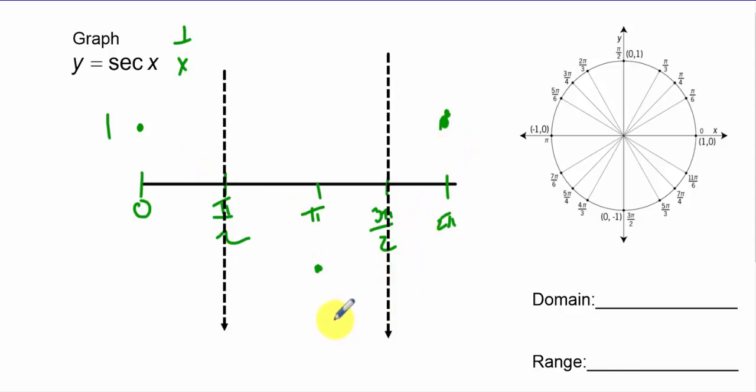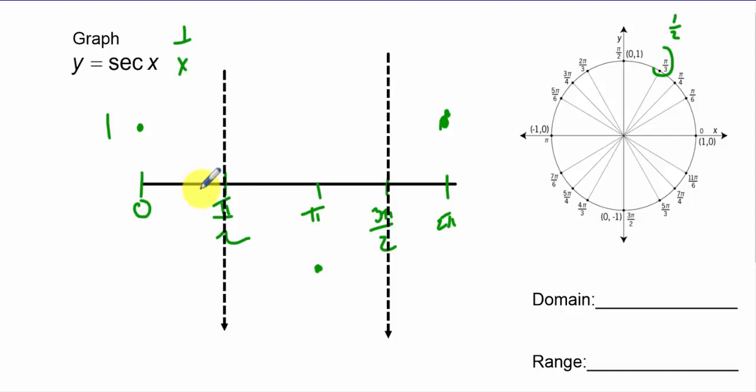Now, in this case, finding the reciprocal of x values is not hard, but you want to pick the right one. So I'm going to pick the one at pi over 3, which is a half. And I take the reciprocal of a half.